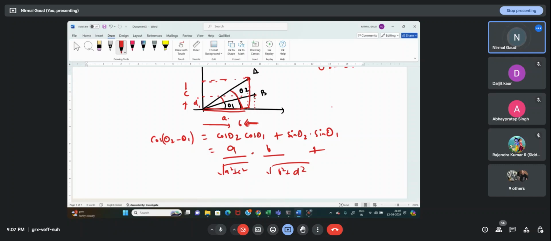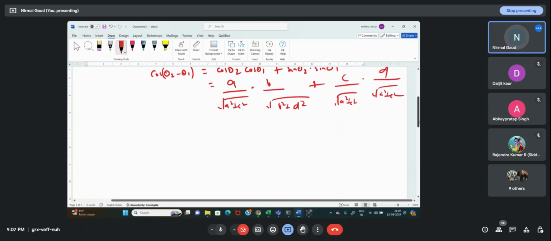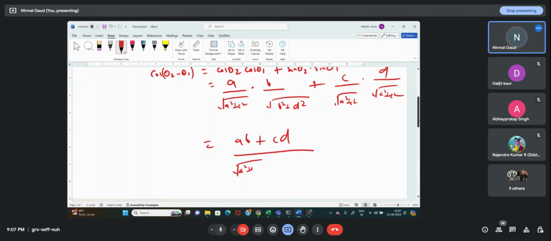Plus, what is sine theta? Sine theta is perpendicular upon hypotenuse, so now this will be c upon under root of a squared plus c squared, and this will be d upon under root of b squared plus d squared. Ultimately you will have ab plus cd divided by under root of a squared plus c squared and under root of b squared plus d squared.